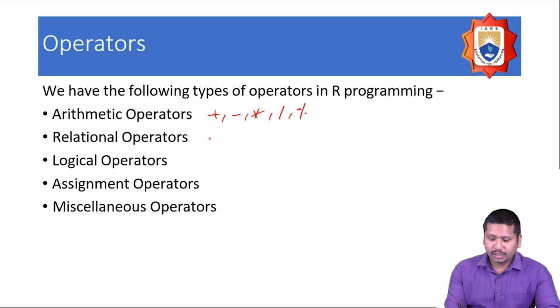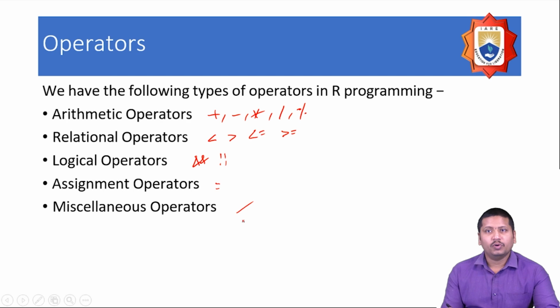Relational operators are less than, greater than, less than or equal to, and greater than or equal to. Logical operators are and, or. The assignment operator is equal to, and some other miscellaneous operators are also there in our programming.